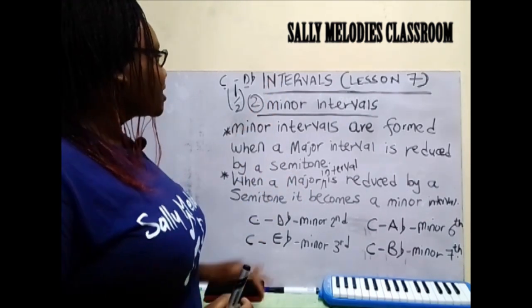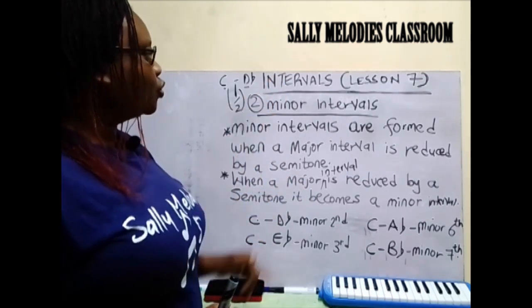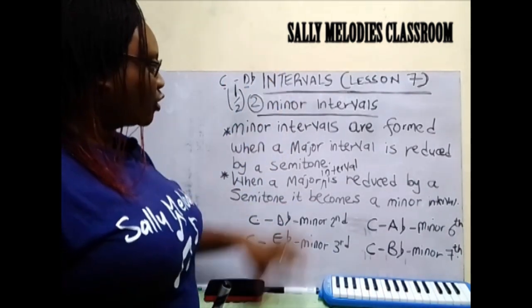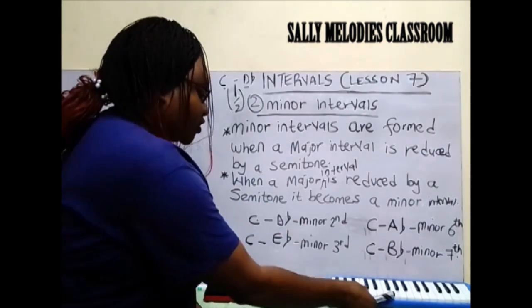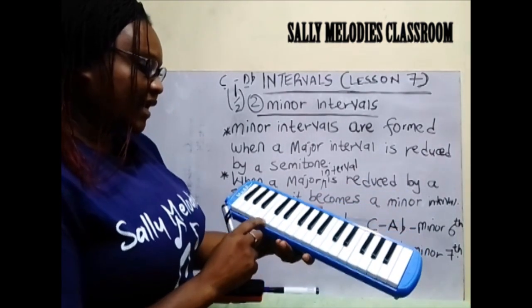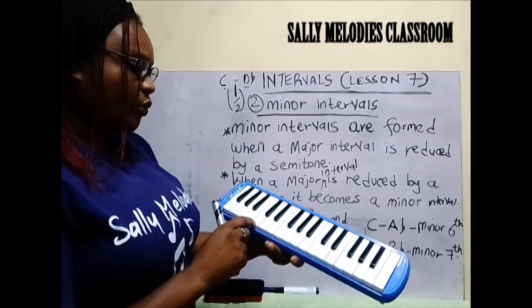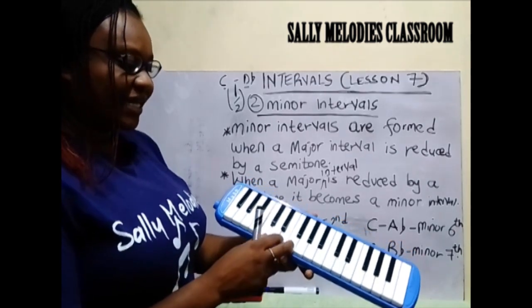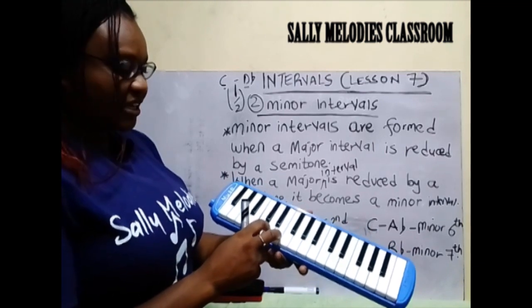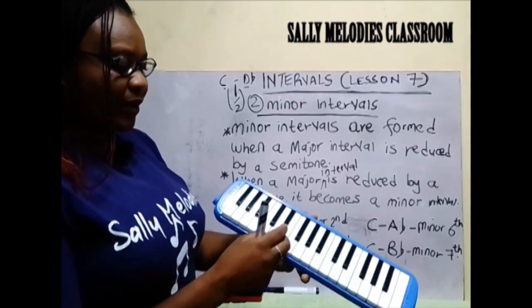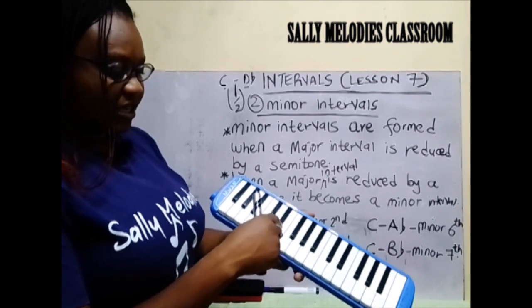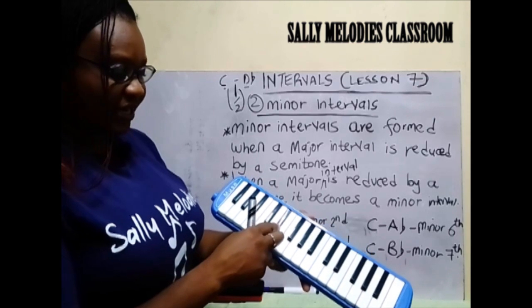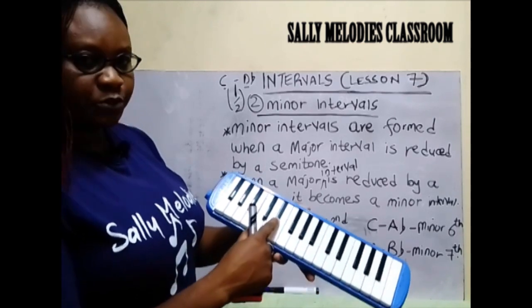So that was our category 2 of the qualities of intervals. That is what we call minor intervals. We were doing from C to E so that we can get a third. But now, we have lowered this E to E flat, and the distance has become shorter.